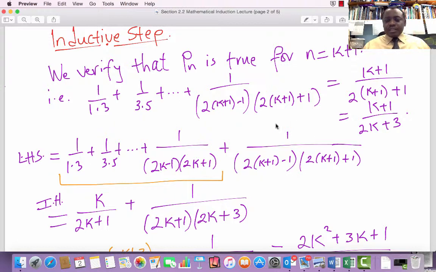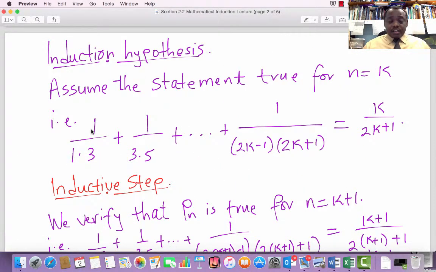So this is the very last term when n equals k plus 1, and this is the term before the last when n equals k. Why do I need this term? Because from my induction hypothesis, I already have the sum right up to the point when n equals k, and that sum is k divided by 2k plus 1.